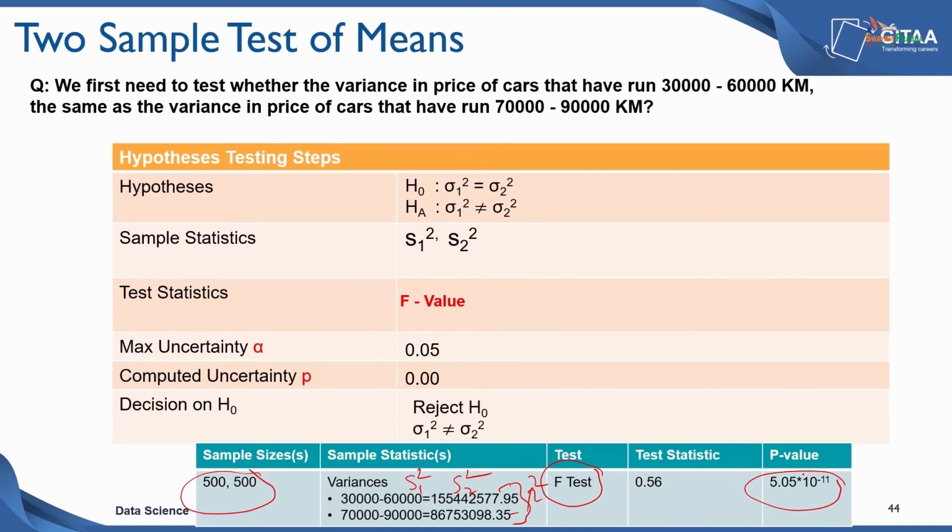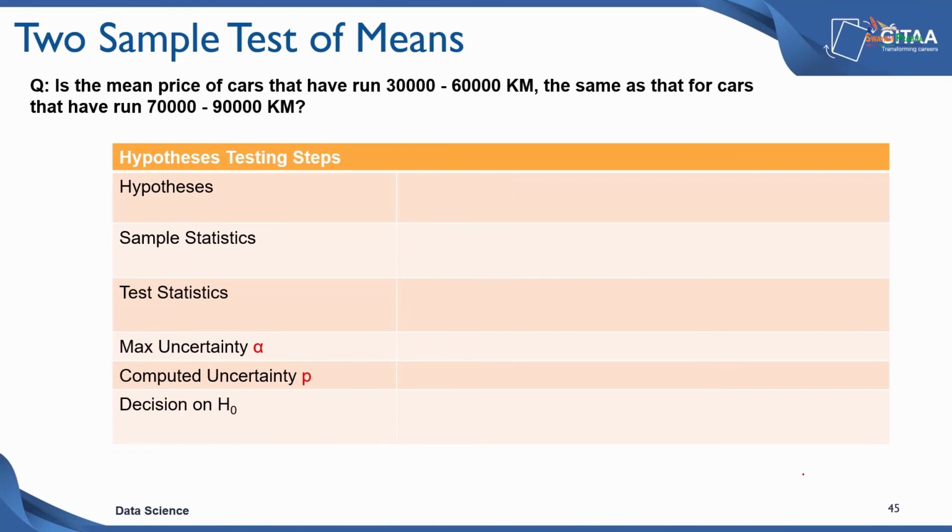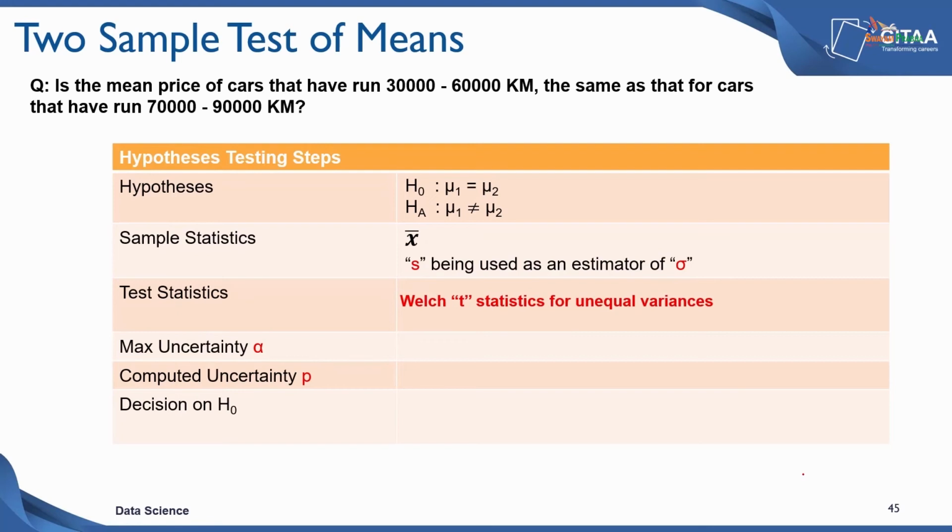So, now that we have established that the variances between the two groups are different, they are not equal, let us go back to our original problem, whether the mean values between the two groups are the same. We are using again the same sample statistic, and the test statistic that we will use is something called a Welch t statistic.